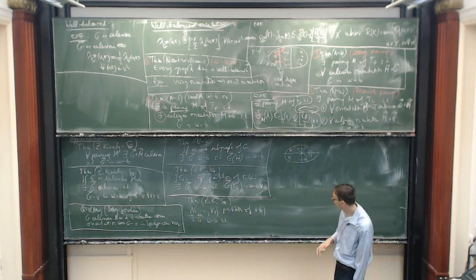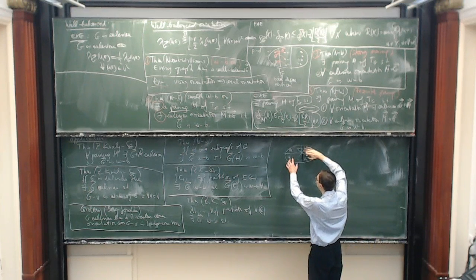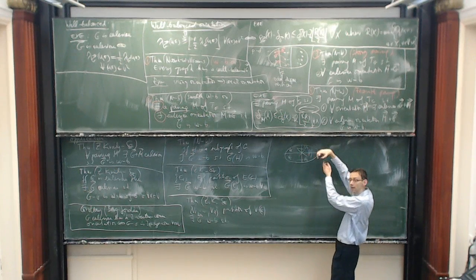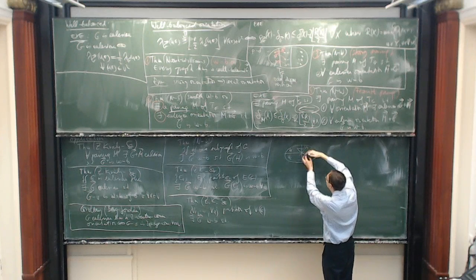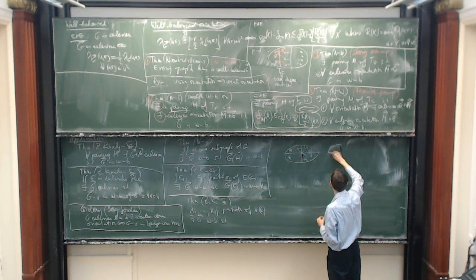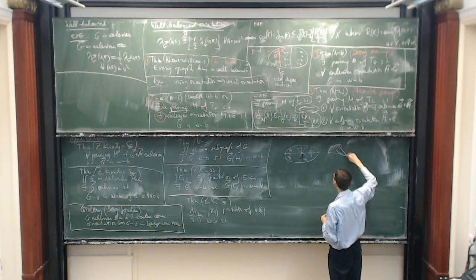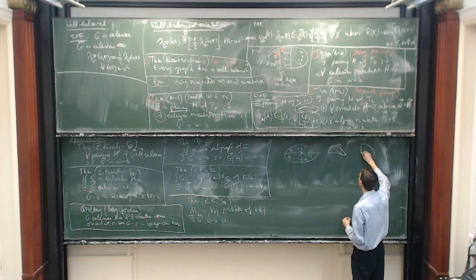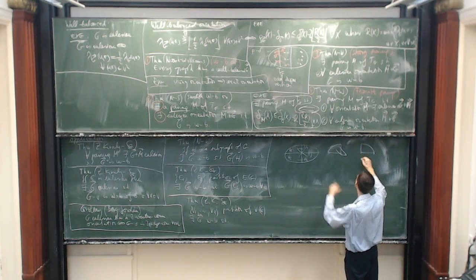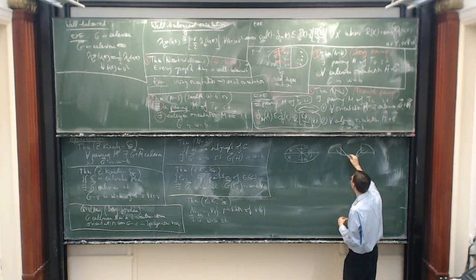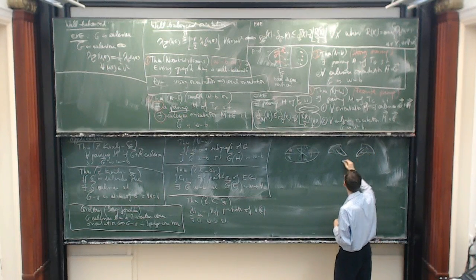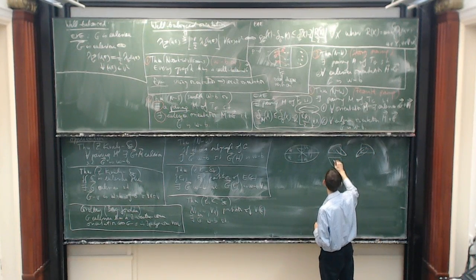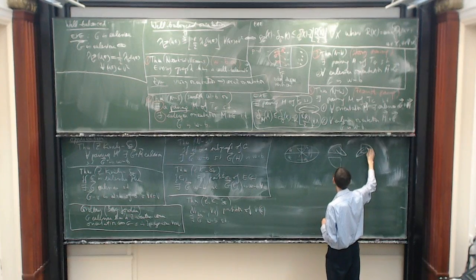And then if we contract every Vi which is outside, so for example for this one we get this, for the other one we get this.